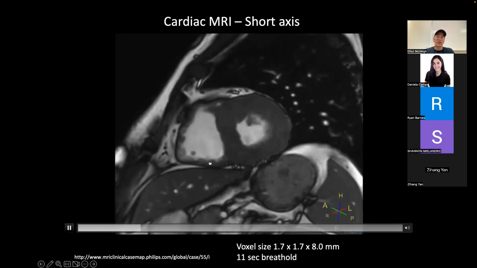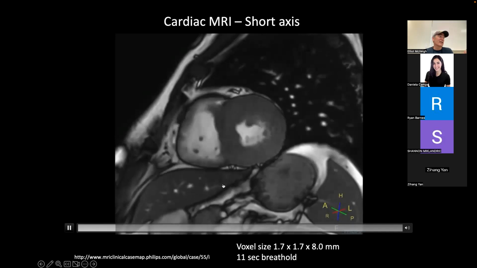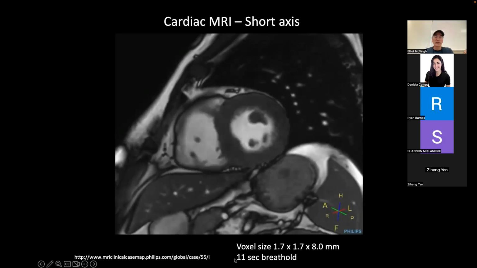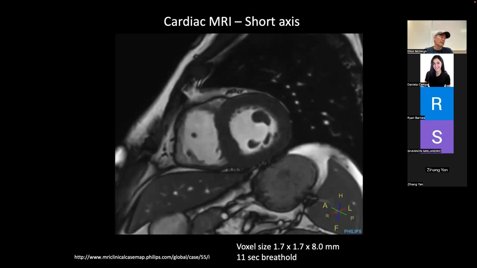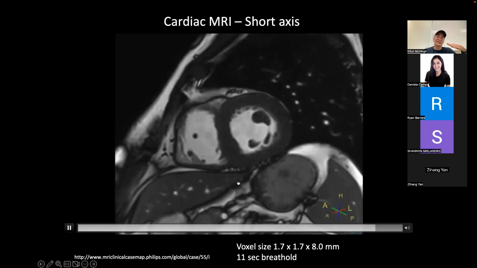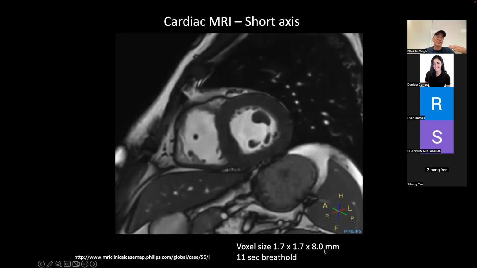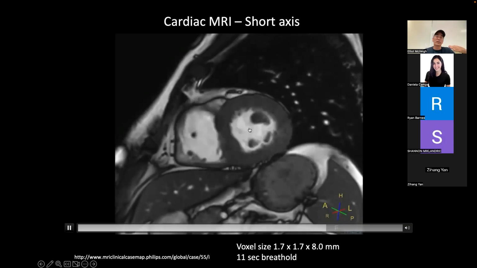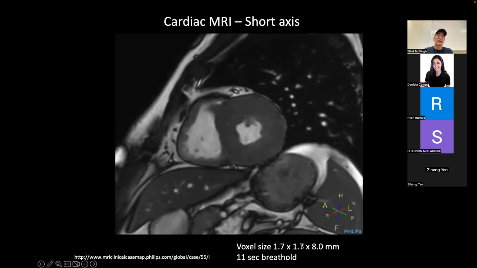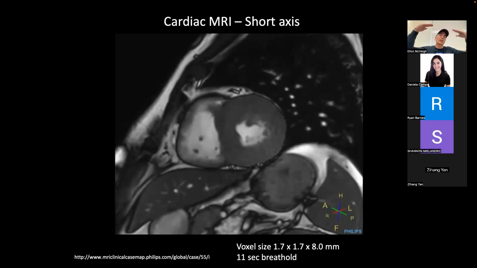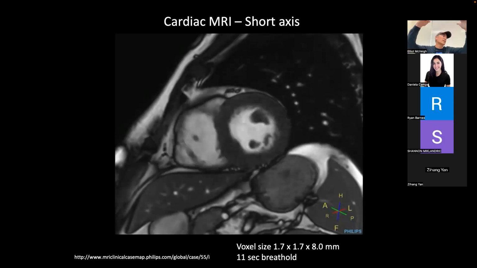The problem is all of this data was taken in one slice over the course of 11 heartbeats, say, right? And so then you ask the patient to hold their breath again, and you do the same acquisition in a slice that's displaced by 8 millimeters, orthogonal to this direction. And so now you're stepping through the heart in these 8 millimeter steps.